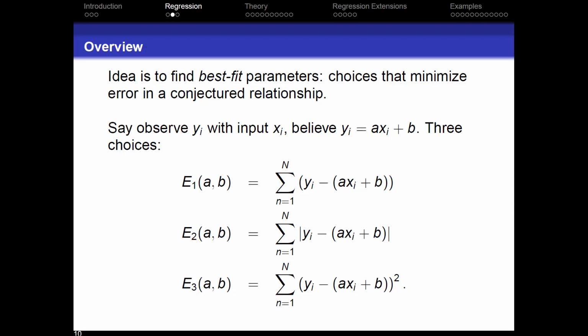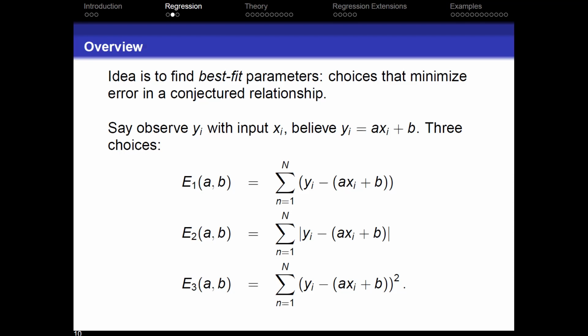So of the three choices, one is just right out, should not be done. Which one should not be done? The first one. Why is the first one such a horrible choice? Yes, positive and negative errors can cancel. Imagine you have a data point at the bottom left and another data point at the top right. What is the best fit line going from bottom left to top right?